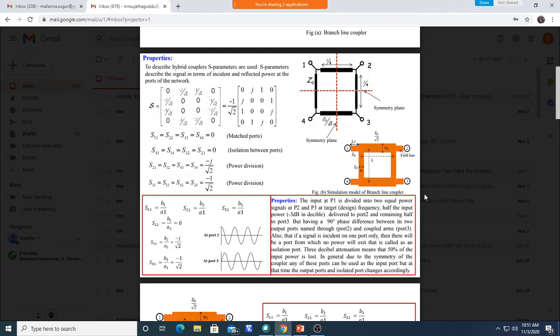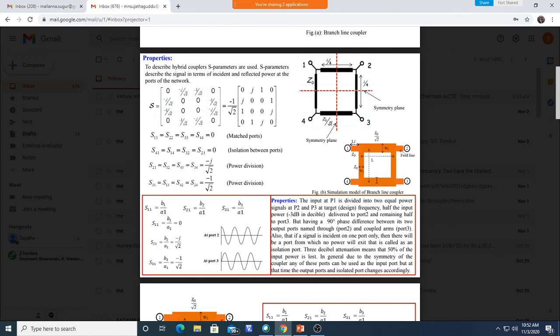In such a case, what do we have to do? There is one source only, so we connect the source here. If you connect a source here, half the power goes to port 2 and the remaining half goes to port 3. So you can connect the output of this to one antenna, and the output of this to the other antenna. That's the purpose of your power divider, wherever you need a division of power, because we cannot go for multiple sources.